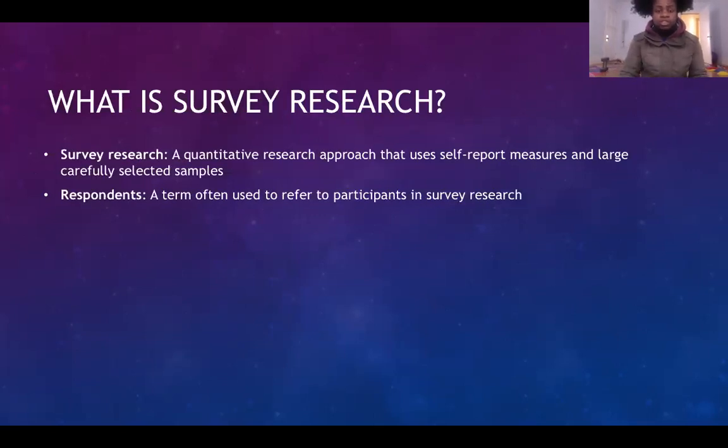So what is survey research? Before we get into that, let me give you a brief introduction. This chapter begins with an overview of survey research, including its definition, some history, and a bit about who conducts it and why.